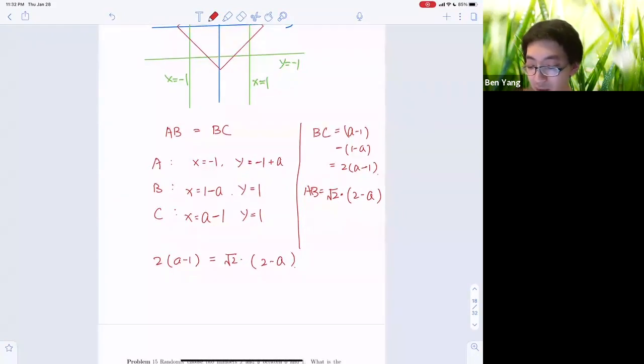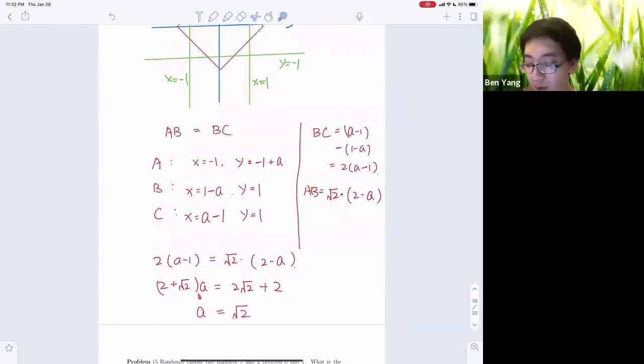Let's rearrange this a little bit. So we have 2 plus √2 times a is equal to 2√2 plus 2. So a is equal to square root of 2.